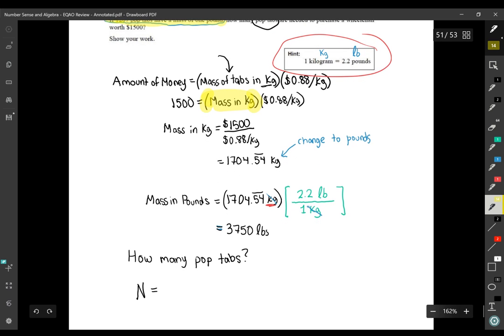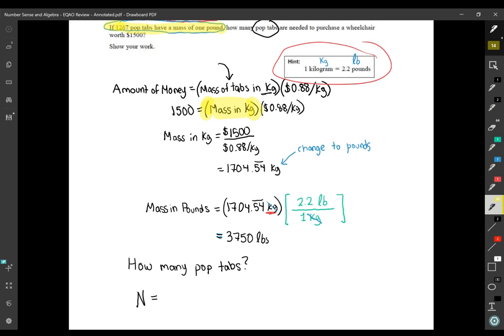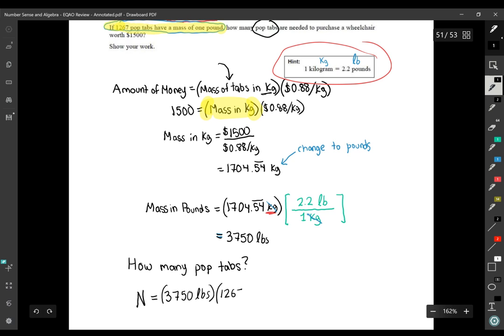So it's going to be equal to 3,750 pounds times 1,267 tabs per pound, because that many tabs is equal to 1 pound.